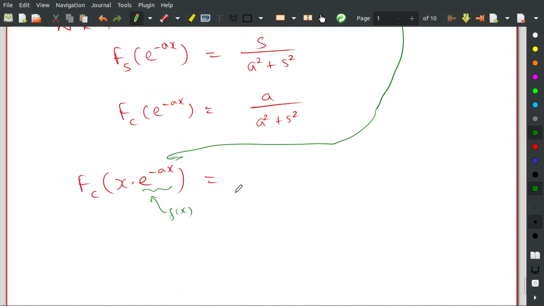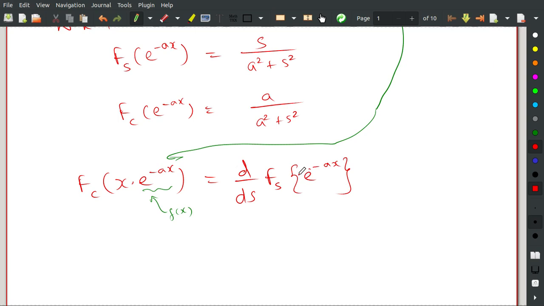Therefore we have it's nothing but d by ds of the Fourier sine transform of our f of x, and our f of x is e power minus ax.